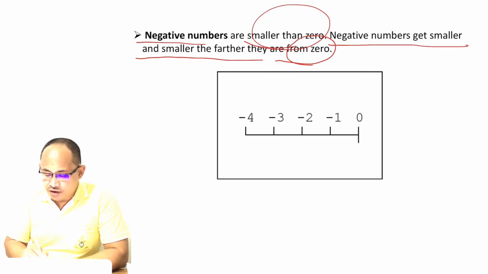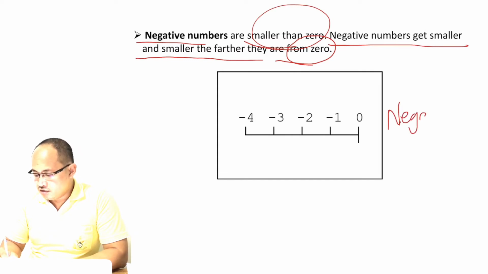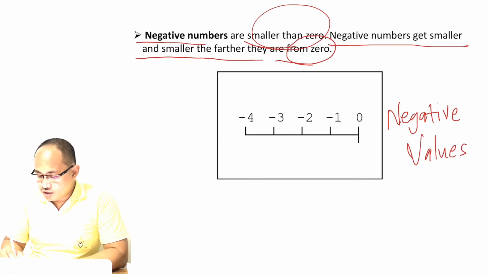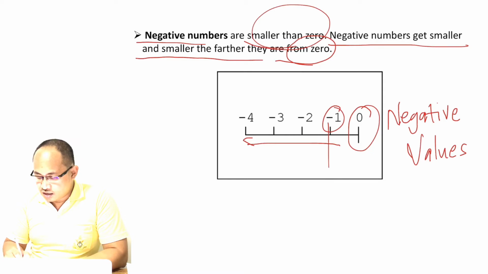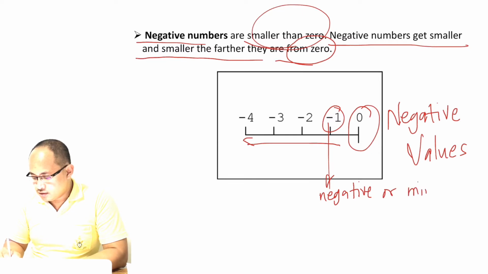Now, if we have here another number line, this time it is in negative values. Notice 0 is here and it is moving to the left, and the signs are negative, or a minus.